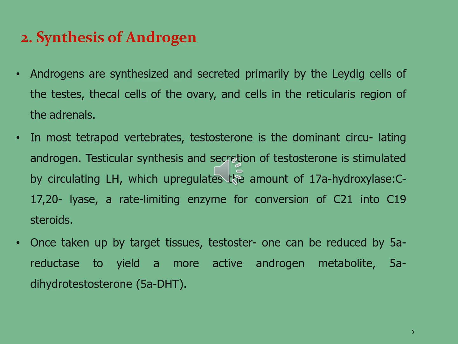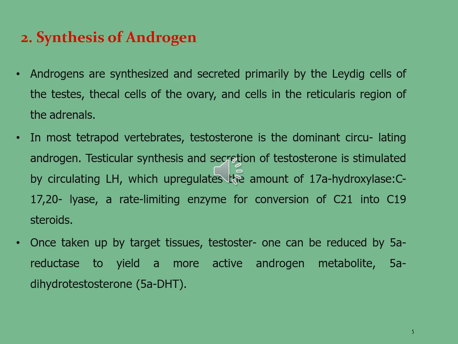Testicular synthesis and secretion of testosterone is stimulated by circulating LH, which upregulates the amount of 17-alpha hydroxylase, that is, carbon 17-carbon 20 lyase enzyme, a rate-limiting enzyme for conversion of carbon 21 into carbon 19 steroids.